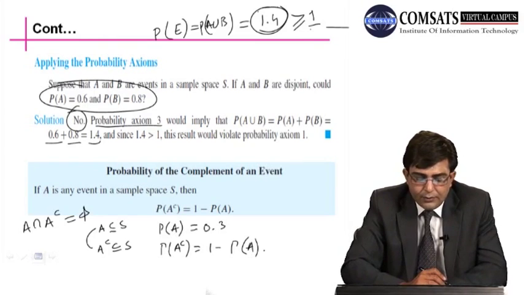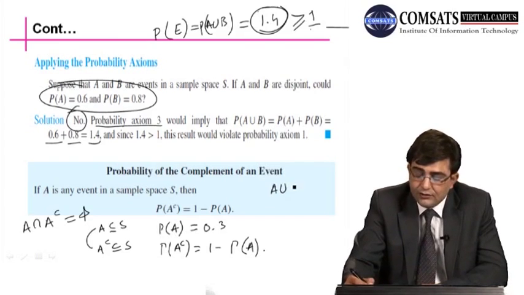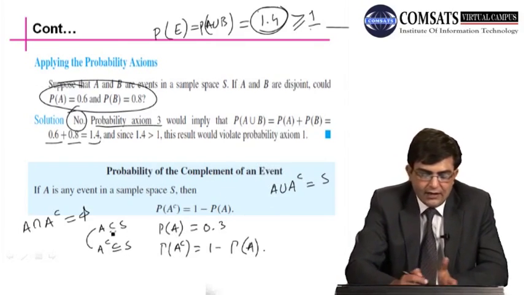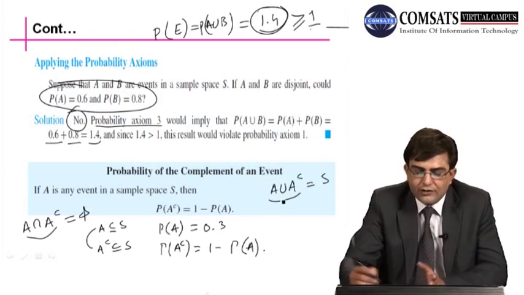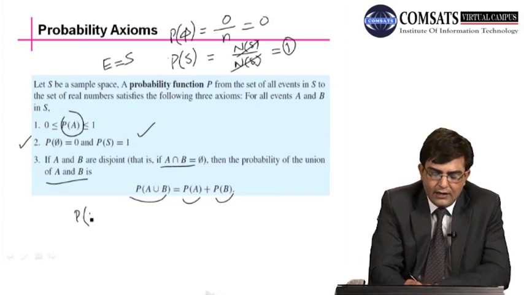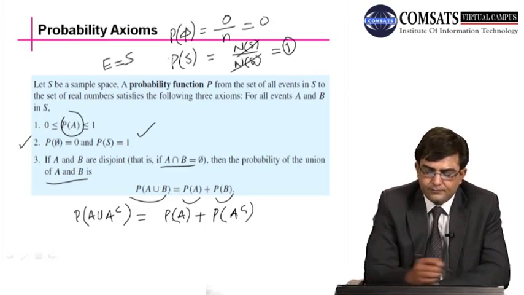The union of A and A complement is S. If A is a subset of S, A complement is a subset of S. Their intersection is phi, and their union must be S. Now by using the axiom of probability, we can say that the probability of A union A complement is the probability of A plus the probability of A complement.